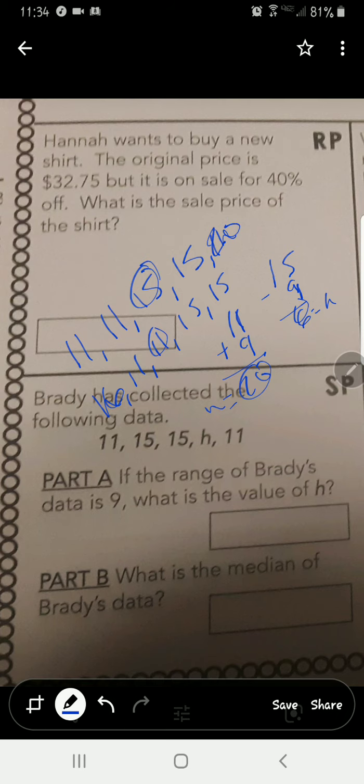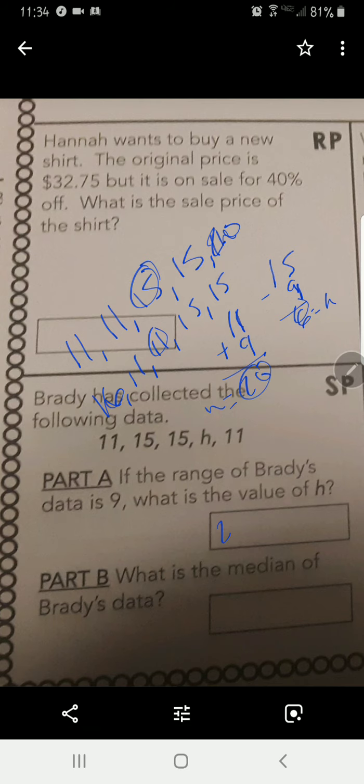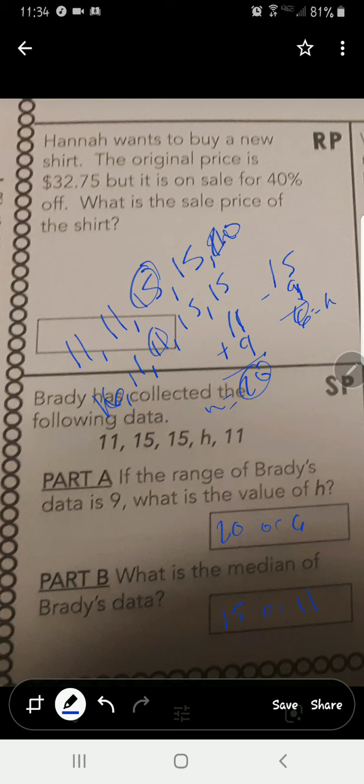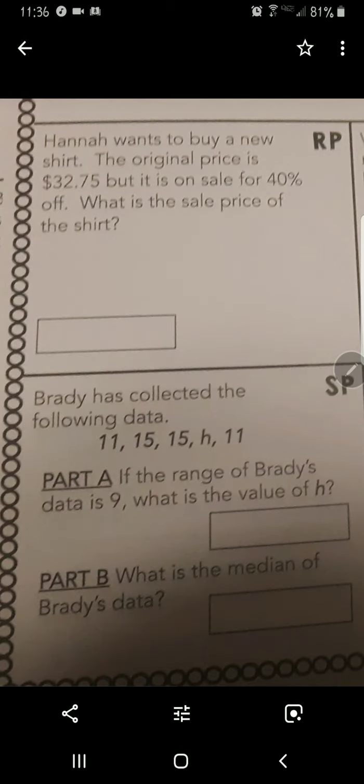So it could be 15 or 11. You'll have to get back to me on that one, Rose. Because that's what seems to make most sense. And that doesn't seem like 4th grade sort of stuff. Or not 4th grade. However, whatever grade he's in.